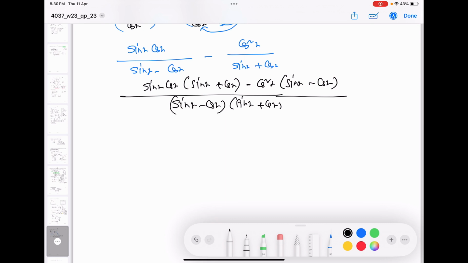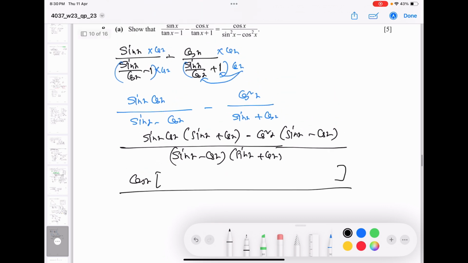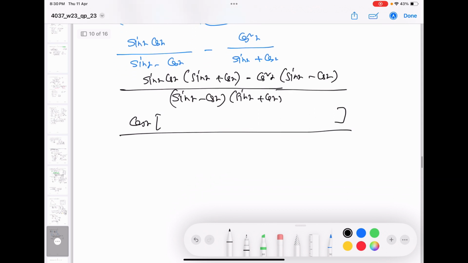Then cos x taken as a common, in denominators it will be sin square x minus cos square x.